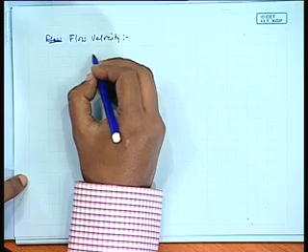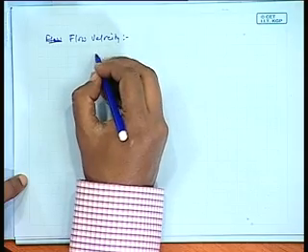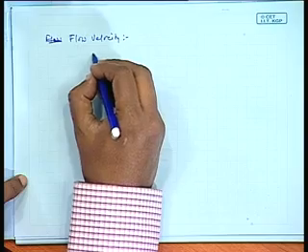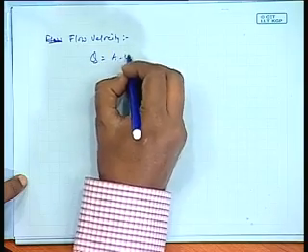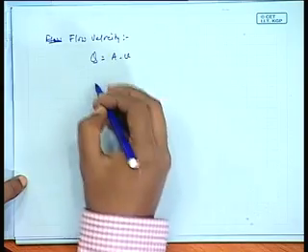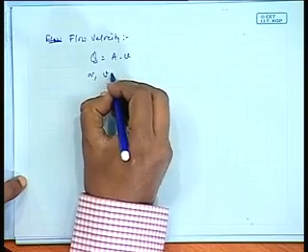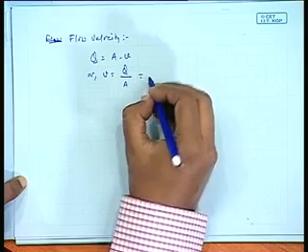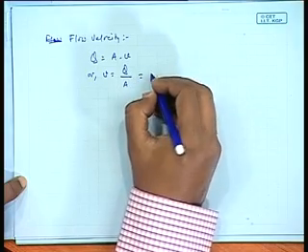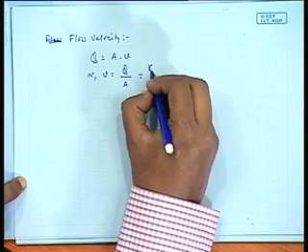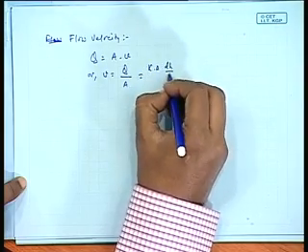Generally, a very popular notion is that Q is equal to A into V, where A is the area of the cross section and V is the velocity, so also V is equal to Q divided by A. Here in Darcy's case, Q divided by A is, as we have done for Q, K dH by dl.